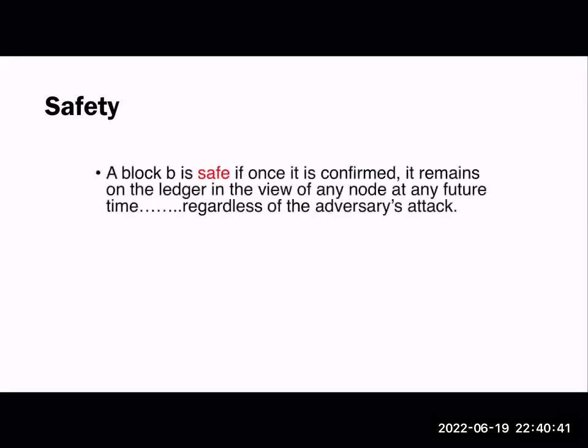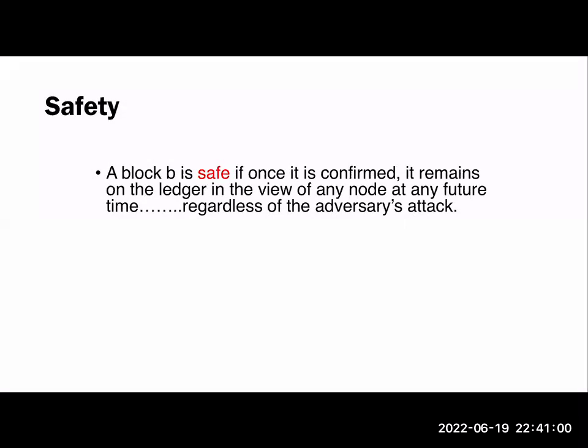All right, so what does safety mean? So now we can define a notion of safety. A block B is said to be safe if once it enters a ledger, then it remains in the same position in the ledger in the view of any node at any future time, regardless of the adversary's attack.